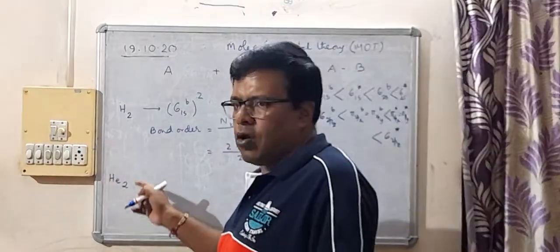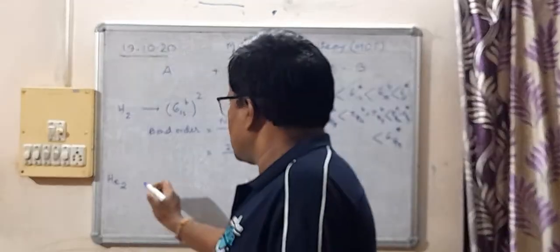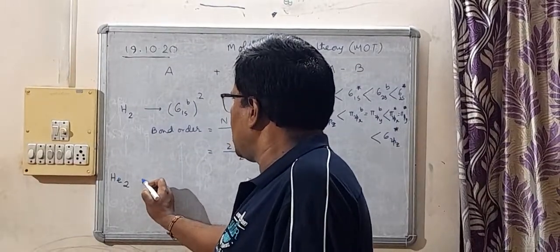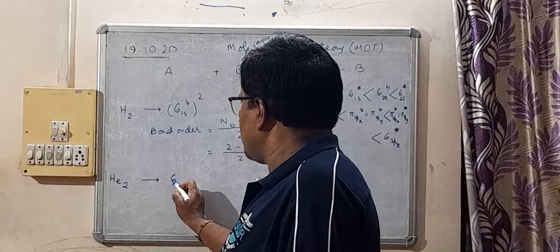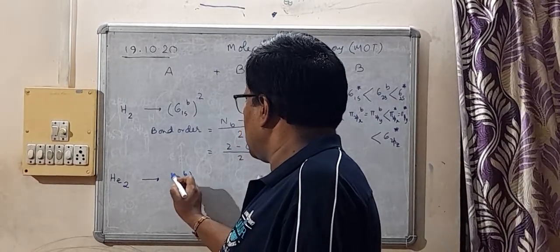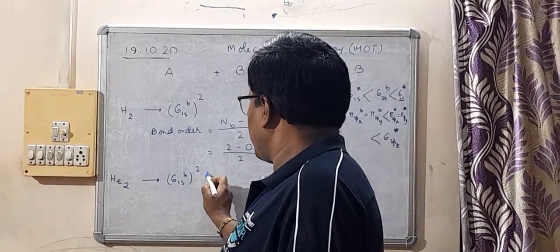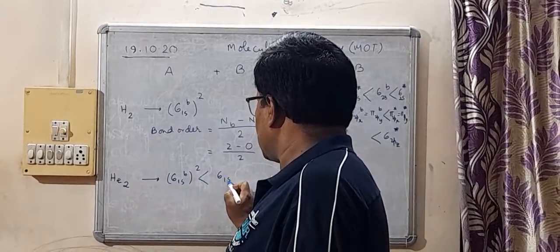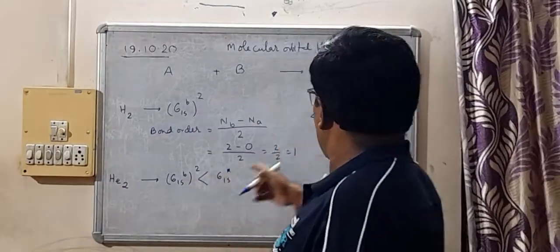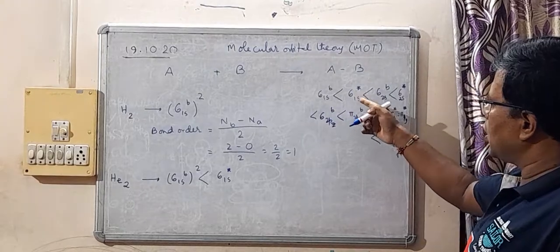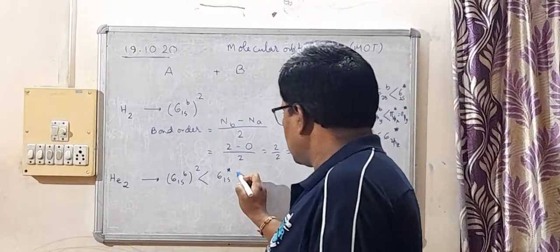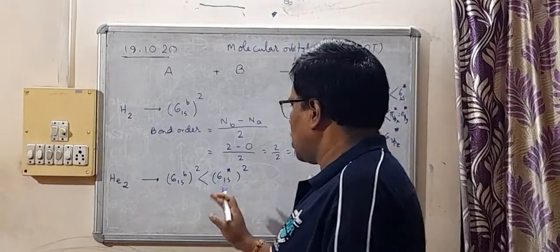Here we have a total of 4 electrons in the hypothetical helium molecule. So its configuration will be sigma 1s bonding 2, then sigma 1s anti-bonding 2, no other molecular orbital.